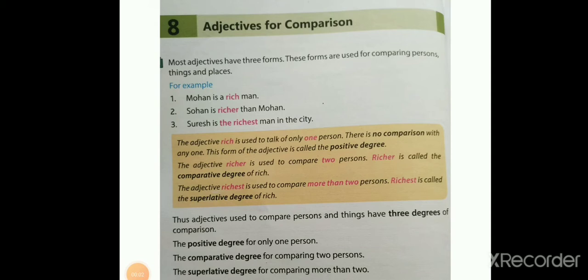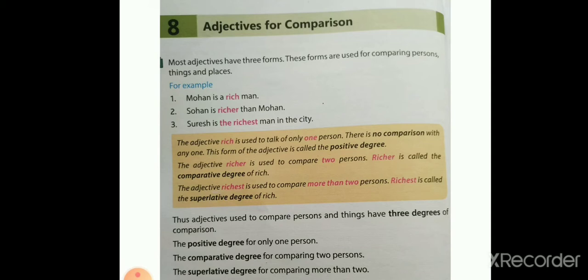Adjectives of comparison. Most adjectives have three forms. These forms are used for comparing persons, things, and places. For example, Mohan is a rich man. Rich is an adjective. Sohan is richer than Mohan. The first sentence is telling you that Mohan is a rich man.